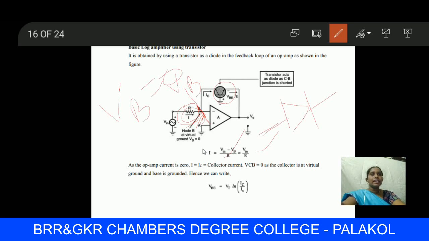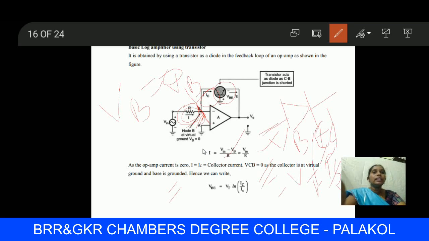And next, as the op amp current is 0, therefore I is equal to IC, the collector current. The VCB is equal to 0 because of the virtual ground concept. Therefore, the base to emitter voltage VBE is equal to VT ln of IC by IS.